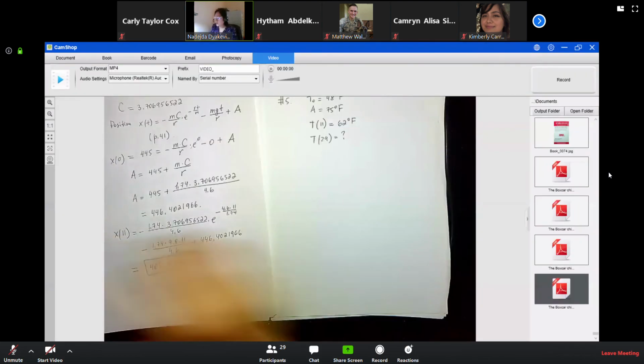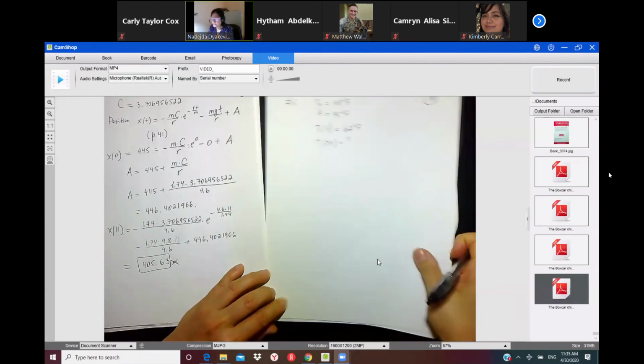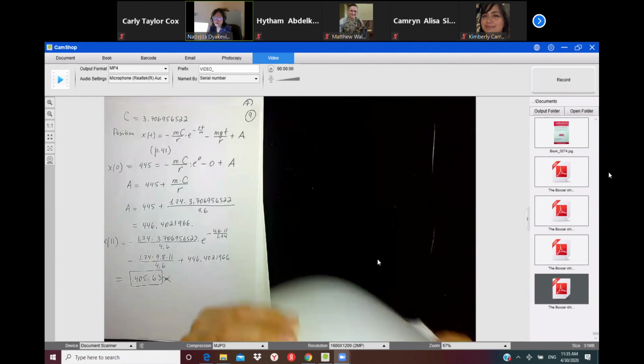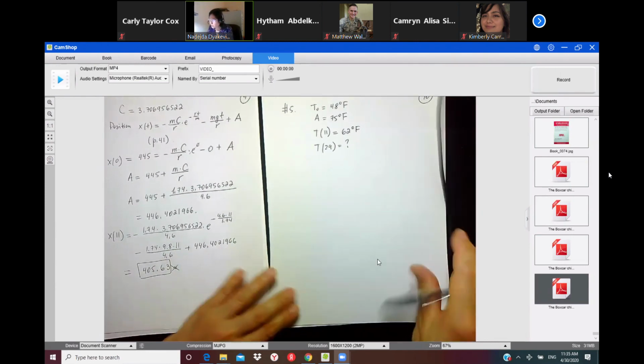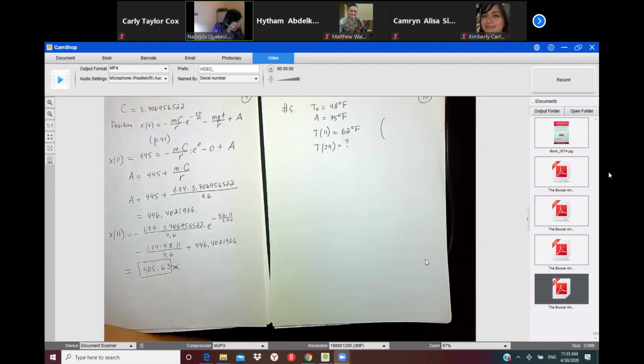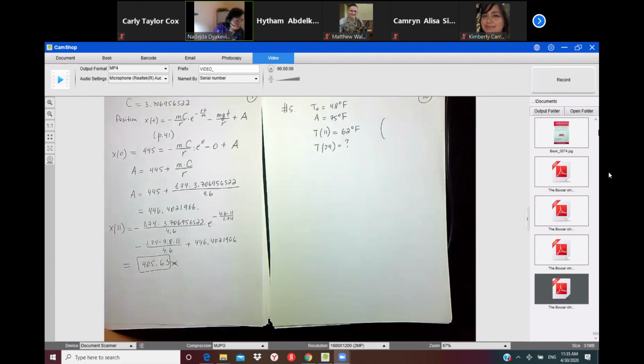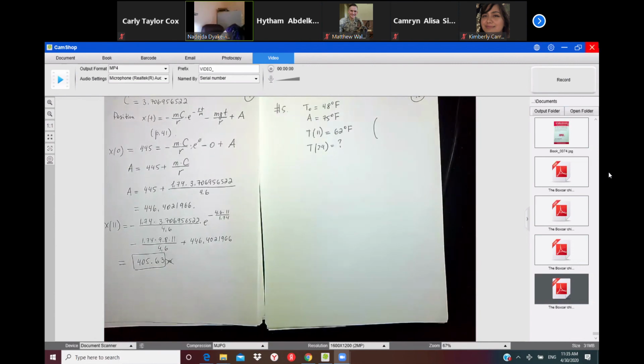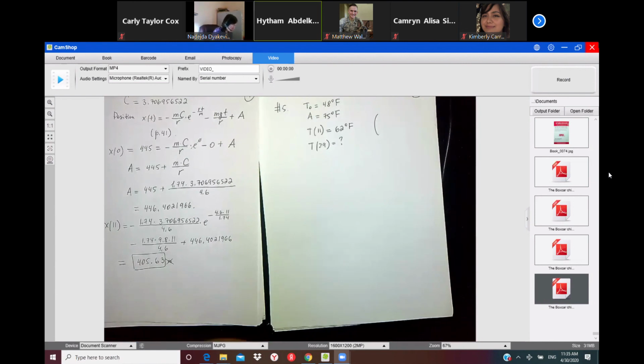Okay, so let us first identify which section is this from the book. Which section? 2.2. Yes, very good. This is section 2.2. On the homework, there was a similar one, 2.2, number 34.